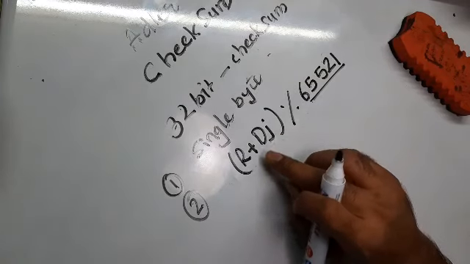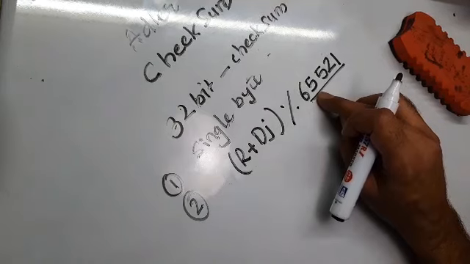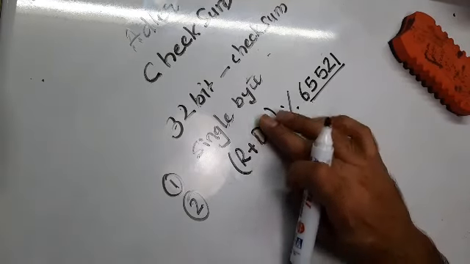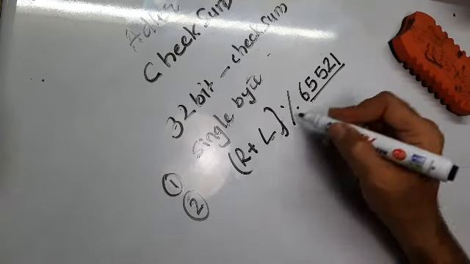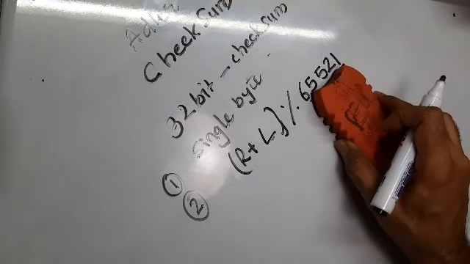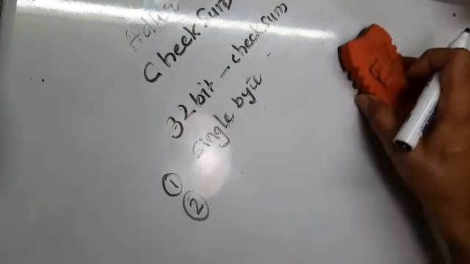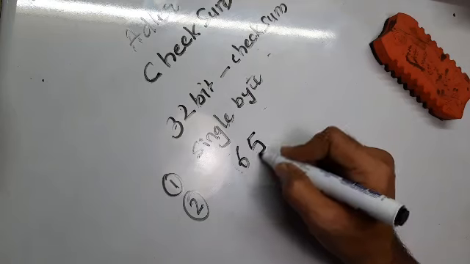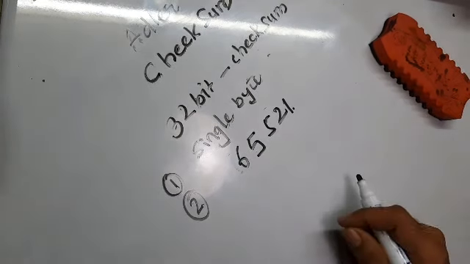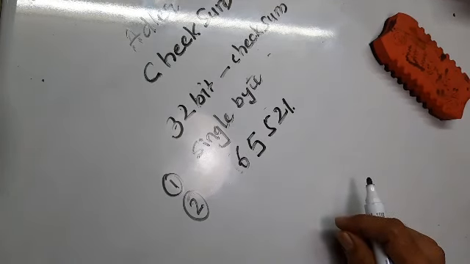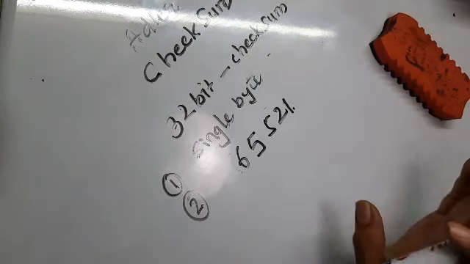It may be R plus L mod this value, or it may be L plus R mod this value. In both cases we are using this prime number 65,521 instead of 65,536.